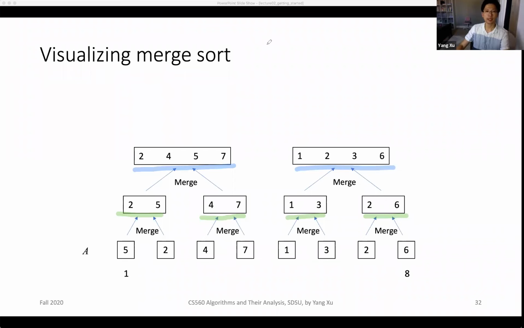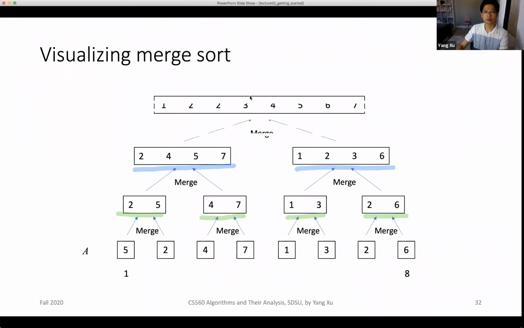Okay. So the last layer of merging is at the top level, in which we merge the two subarrays, which results in a sorted order of the whole array.